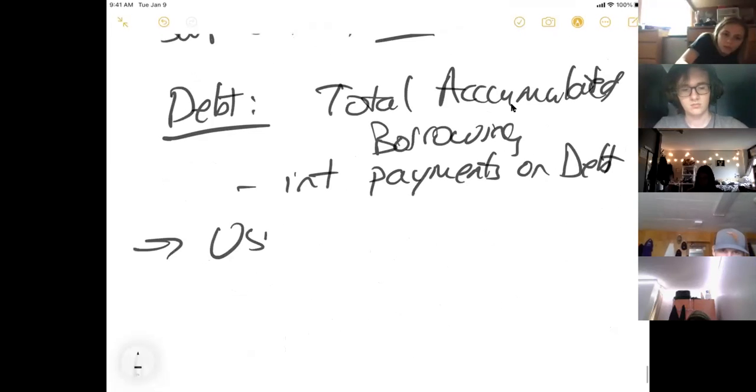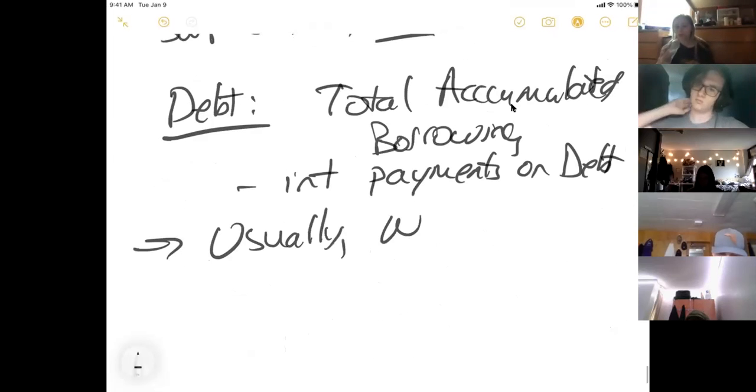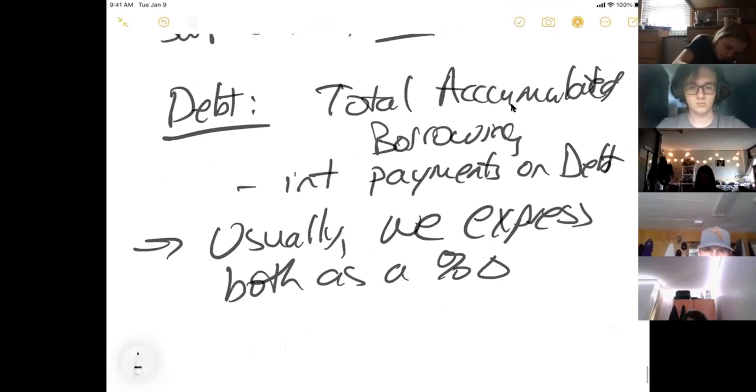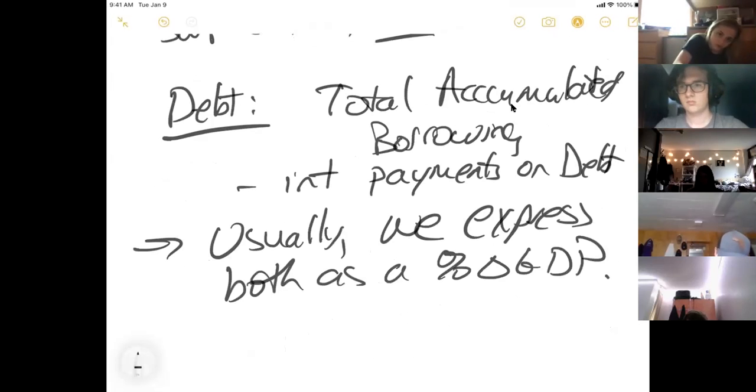Usually, we express both as a percentage of GDP. In other words, to put it in some relative perspective.